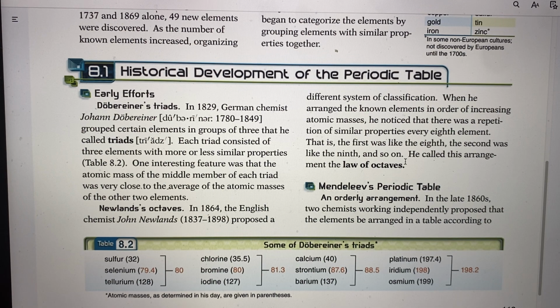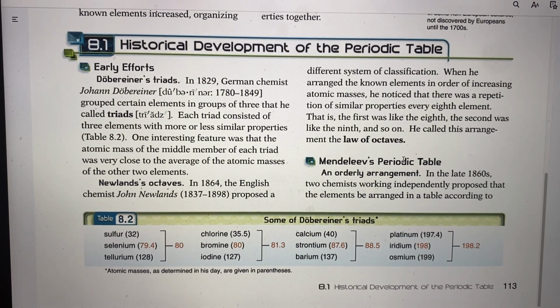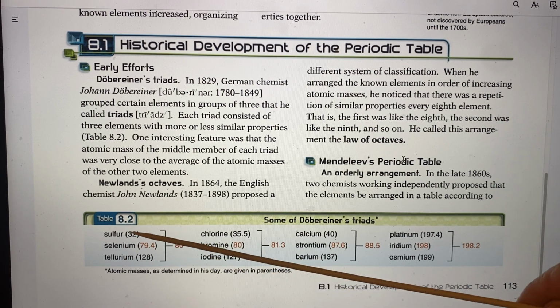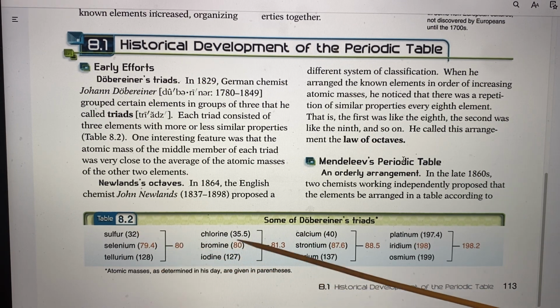And it's very interesting, too, that the middle one would have the atomic mass as the average. So let me show you this picture, see if you can see here. At the bottom, do you see? Here were some of Dobereiner's triads. You can see he had sulfur, selenium, tellurium, and the middle number was an average between the other 2 numbers.